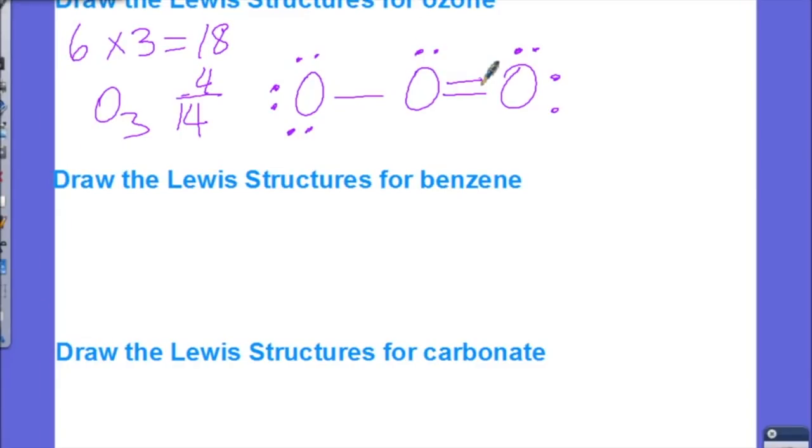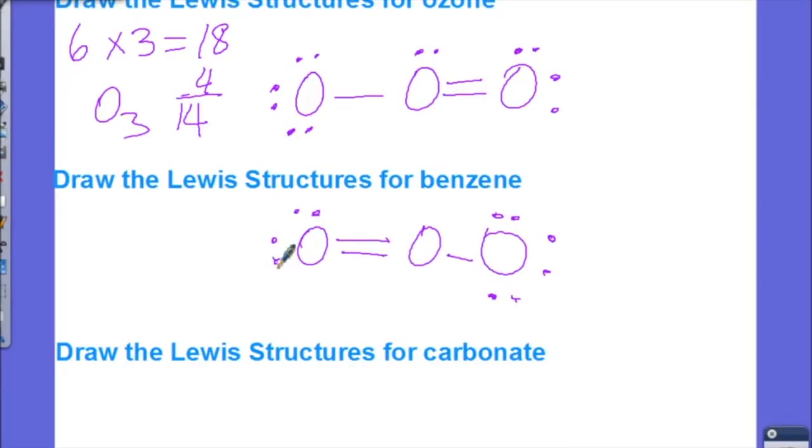But this is not the only way I can draw that Lewis structure. Okay? So I can also draw it. I have my O, O, O, single bond, single bond. I can put the double bond this way here, and then the single bond. And then I put my 6 dots right here, and I'm missing 2 pairs right here.